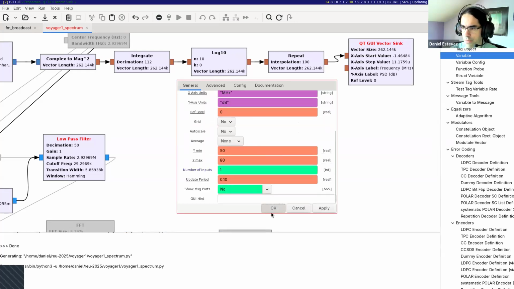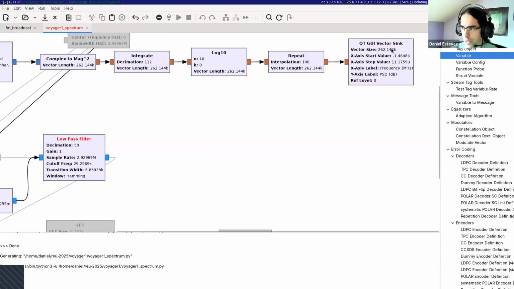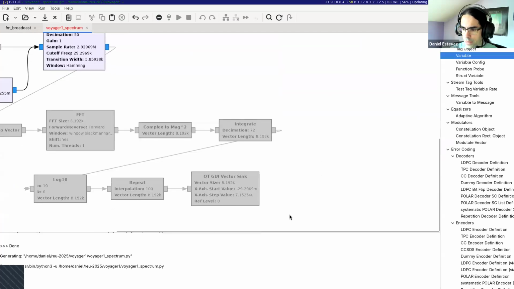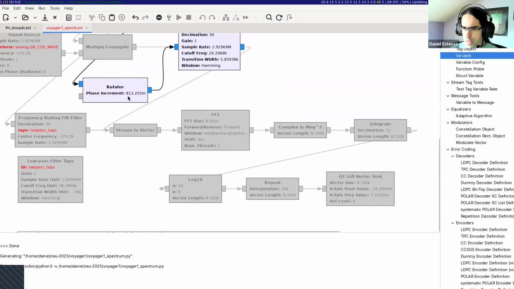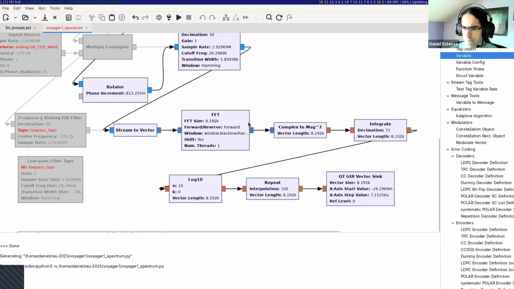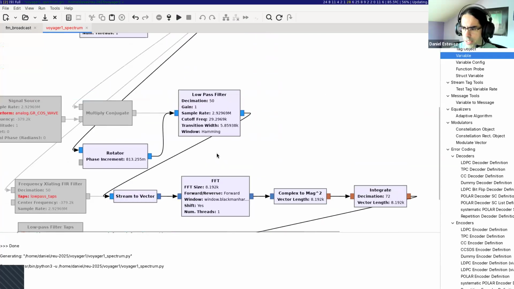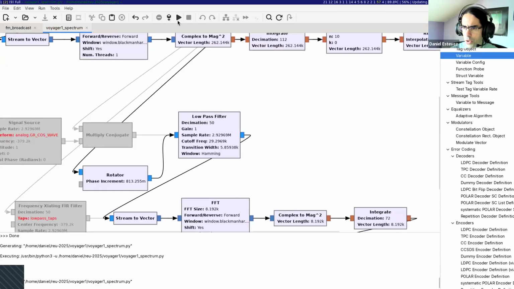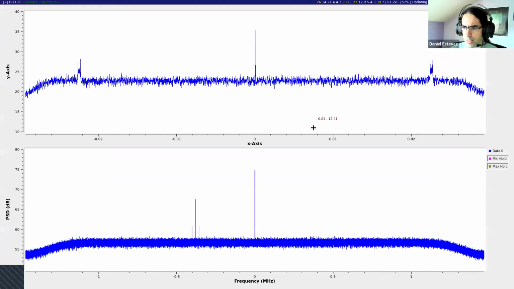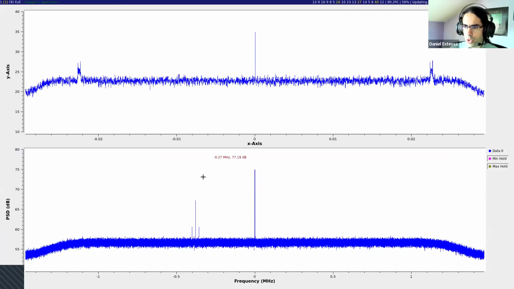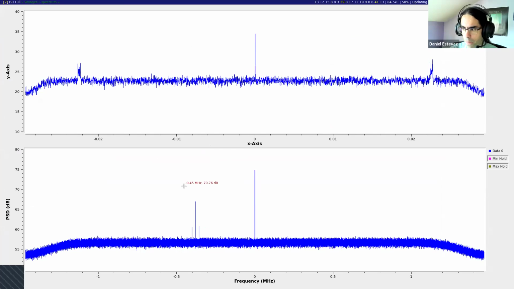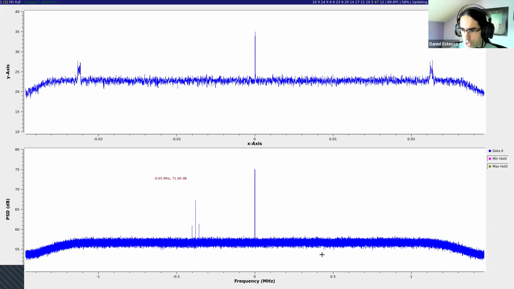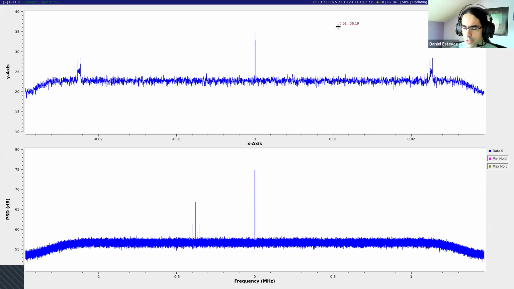I'm going to use a separate Qt GUI vector sink, which is basically the thing I have here. And there are a few changes. I will explain them in a second. But first, I want to show you what decimation looks like. So this is the original input signal. This is the signal after decimation.